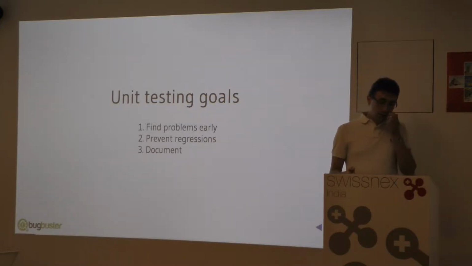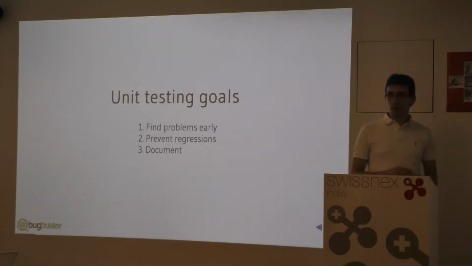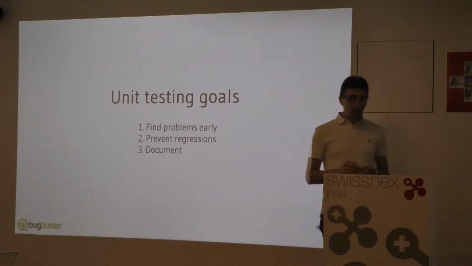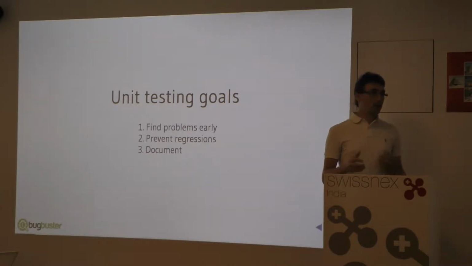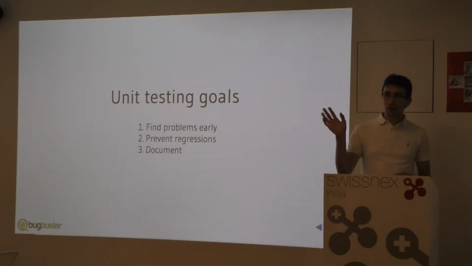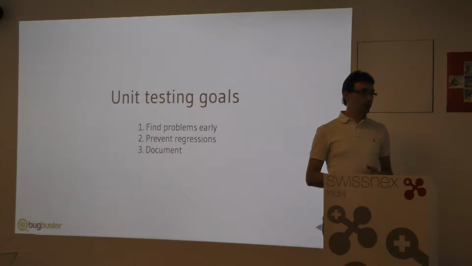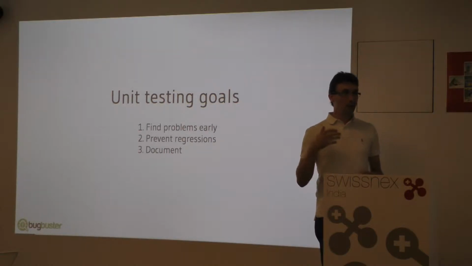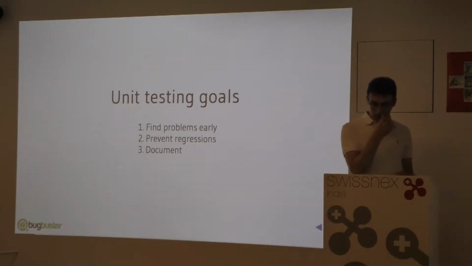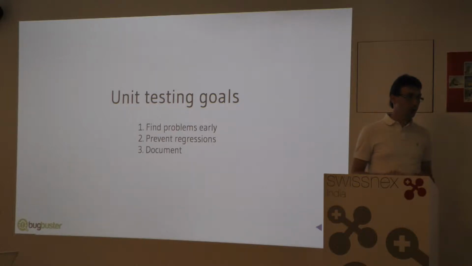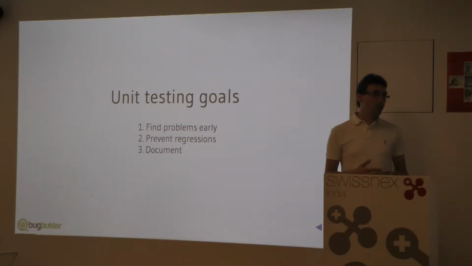The third goal is actually to document the code, especially for the web or for JavaScript. Your unit tests are actually a good way of documenting the expectations of your code.